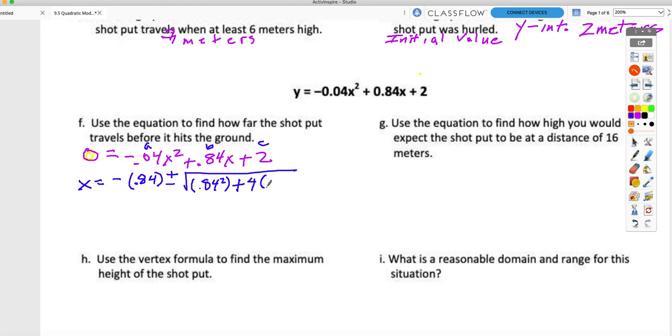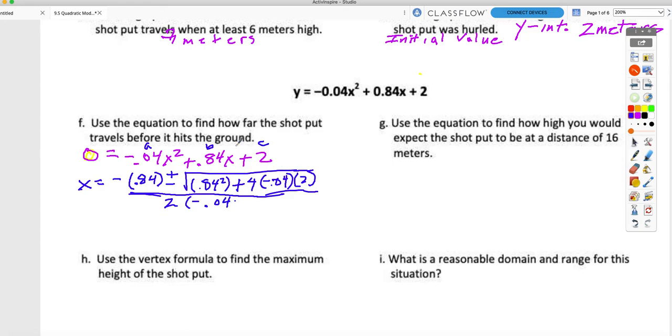My a value is negative 0.04, and my c value is 2. And all of that, that was really ugly. I don't even have enough room if I keep it that way. All of that is going to be over 2 times a. And a is negative 0.04.